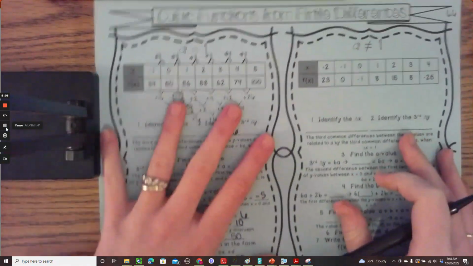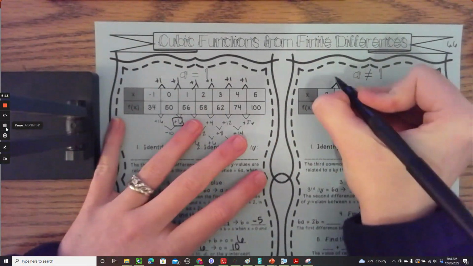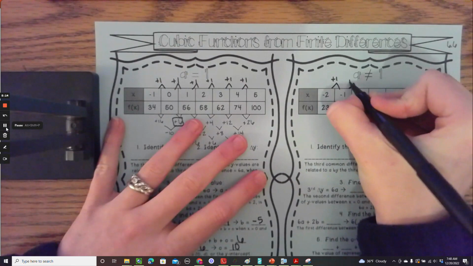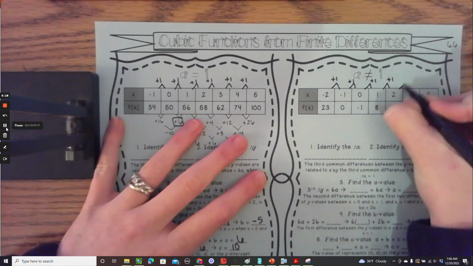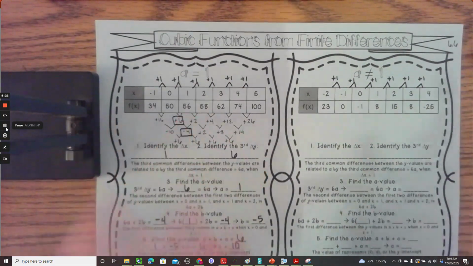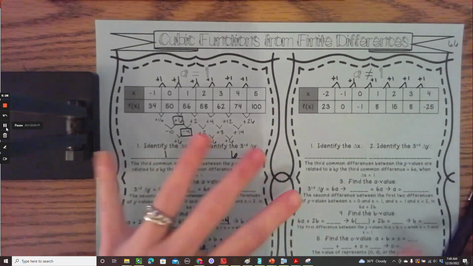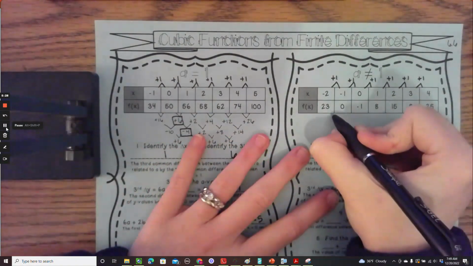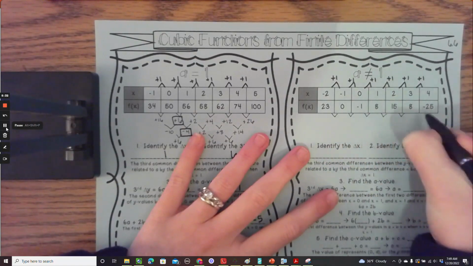So now when the a value is not 1, we do the same exact process. So we find the change in x, and we'll find the third change in y. Okay, so change in x is 1, and the change in x needs to be 1 for this to work. All right, so change in y. We're going to do the first difference.